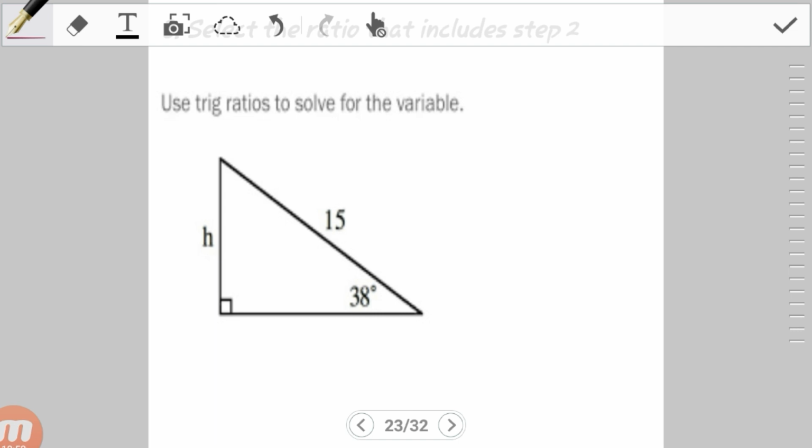Now, I do encourage all my students that I've taught and who I'm currently teaching that once presented with a right triangle, ensure that you eliminate the use of the Pythagorean theorem. So once you've eliminated the use of the Pythagorean theorem, then there's only one other set of formulas that can assist you, and that would have to be the trig ratio. Now, we are in fact looking for a side that is H. However, because we are not provided with 2 sides, we cannot use the Pythagorean theorem.